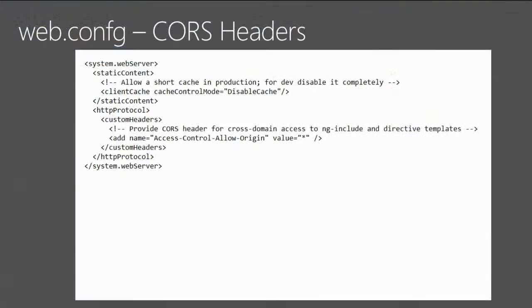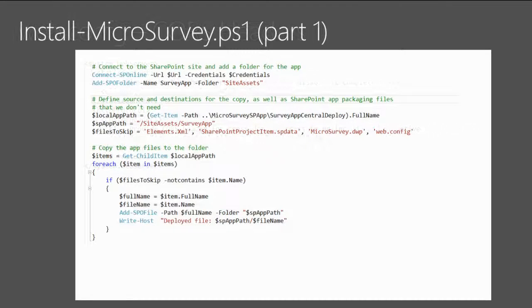So a couple of quick code snippets. I had to do some little tricks with caching and CORS headers in my site. So this, again, will be part of the code sample. Here's the install script. You can see that they've given us a really great and simple PowerShell vocabulary for provisioning the files.